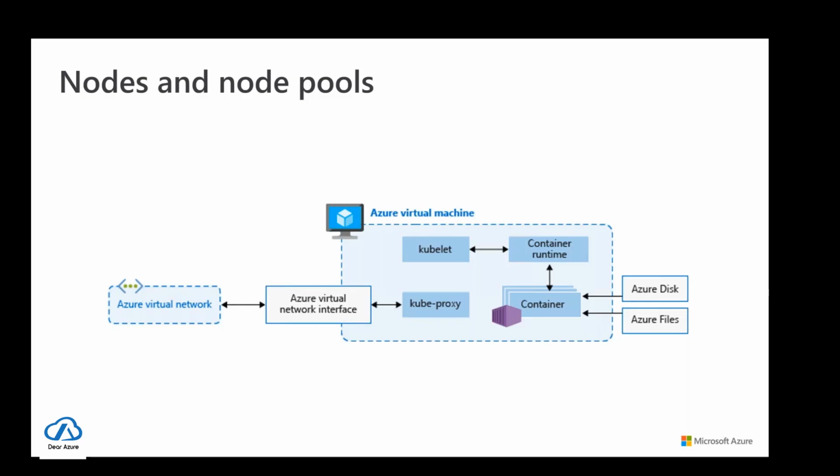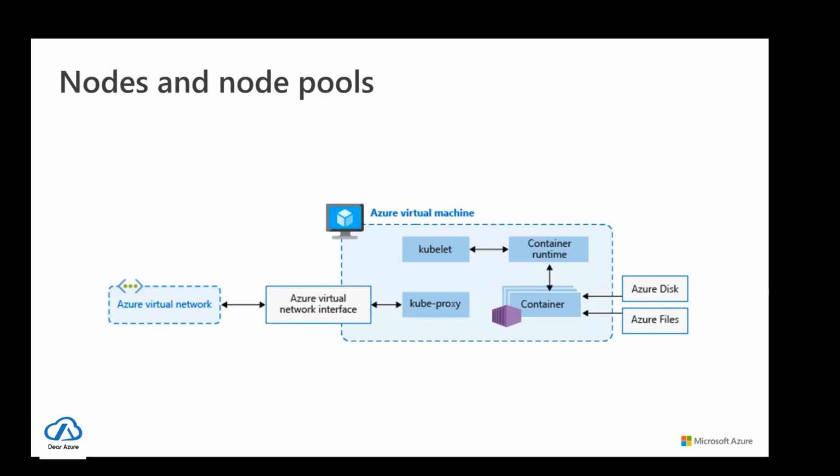Then we have the networking component, which is an Azure virtual network. This is handled by the proxy, the kube-proxy, for each node. So you can understand that from a security perspective, this proxy is quite critical because it handles all the traffic in input and output, so ingress and egress traffic from the container to the rest of the network.